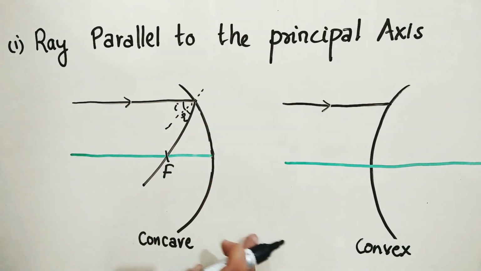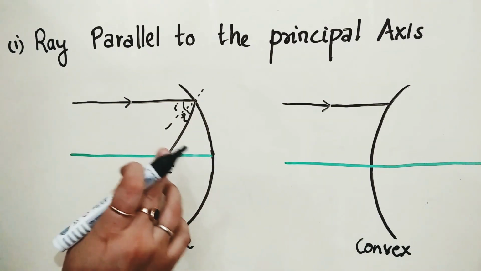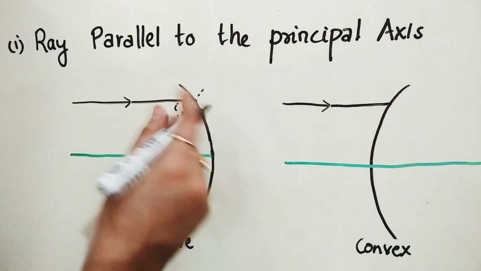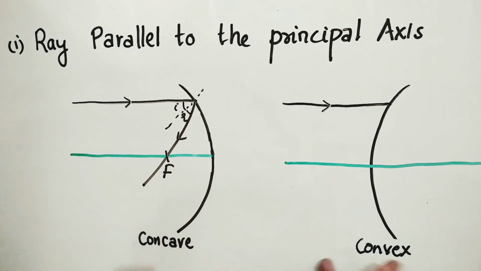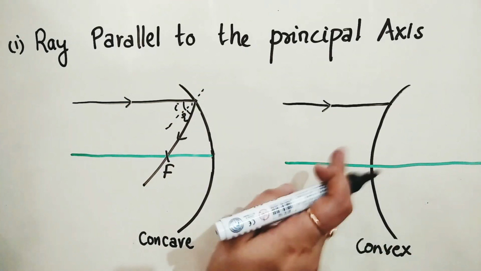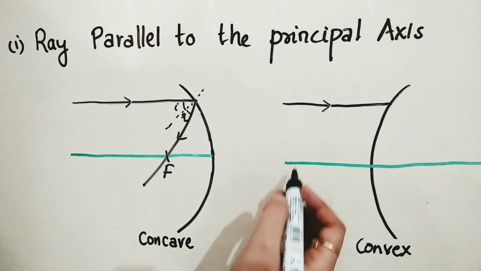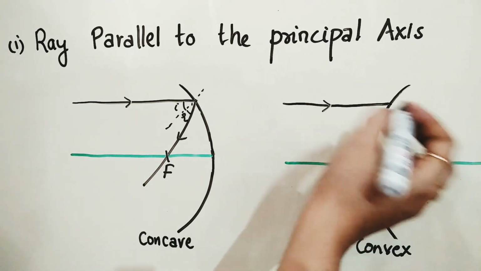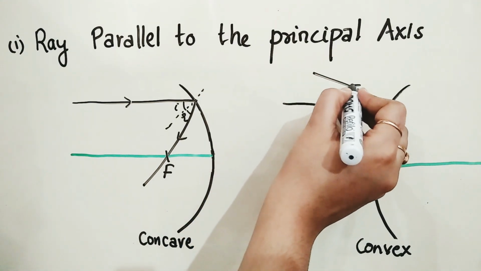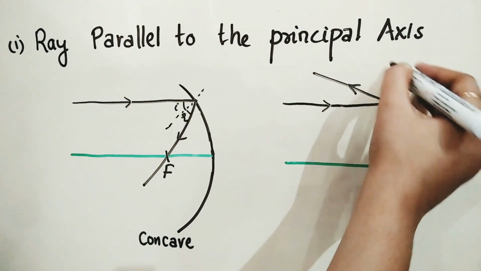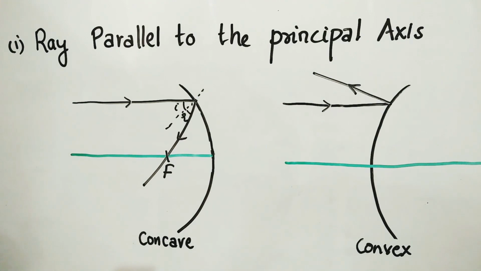In a similar way, when we take the convex mirror, which is a diverging mirror, it diverts the rays. So if it passes parallel, then it will diverge like this. Just for example, angle I and angle R here.